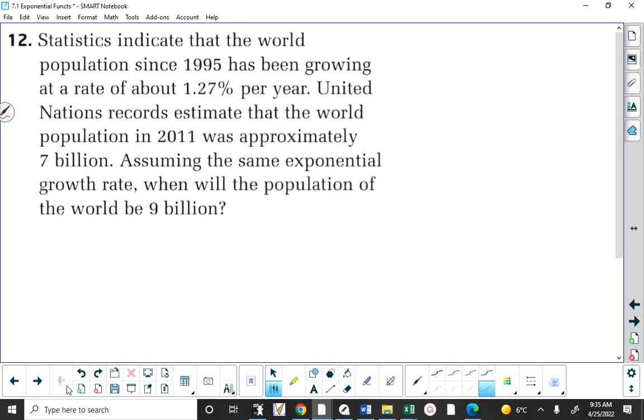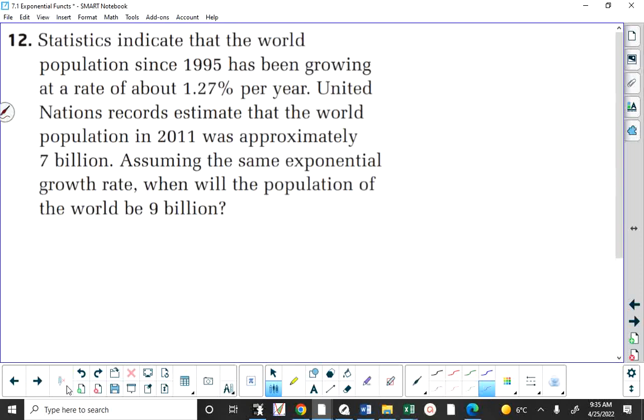All right, stats indicate that the world population since 1995 has been growing at a rate of about 1.27% per year. Now, keep in mind this textbook is old already, right? But let's imagine we're in 1995.